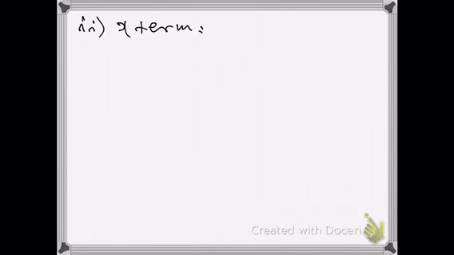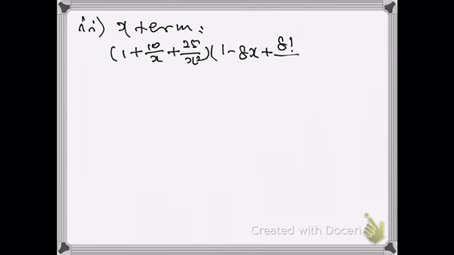Okay, I have to write that again. I'll write this down: (1 + 10/x + 25/x^2) times (1 − 8x + 8!/(2!6!) x^2 − 8!/(3!5!) x^3).